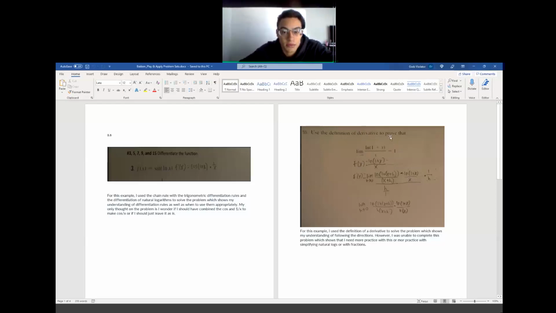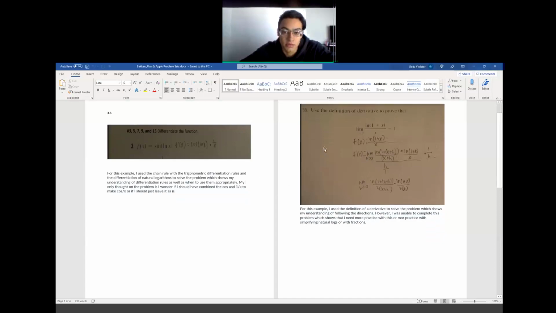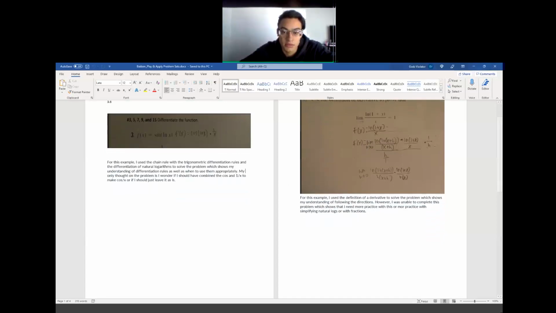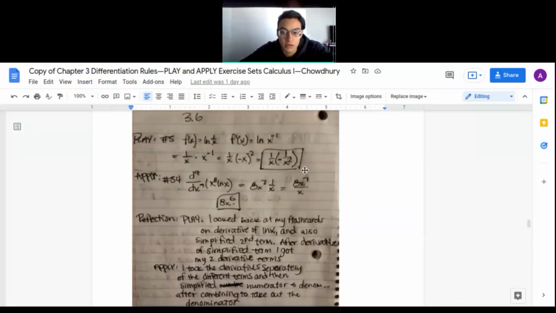And then took the derivative separately of the two terms. This one's going to come out to negative x to the negative 2, and then that one stays there. And then I just resimplified it by moving that back to the denominator and changing the exponent. And I thought that was the simplest form, so I just left it like that.